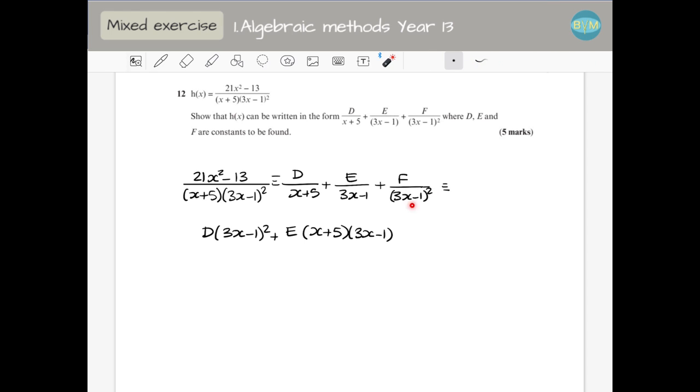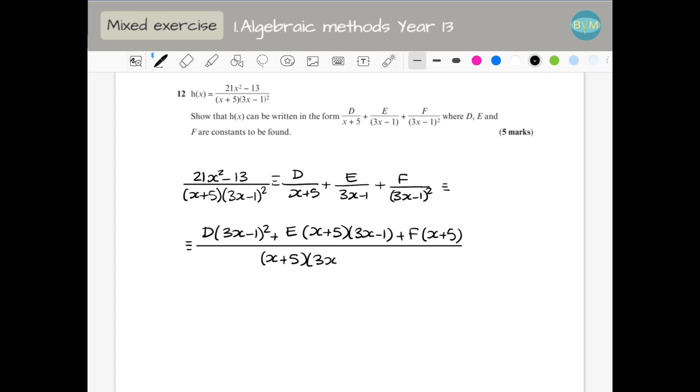And when I divide by this one, I have x plus 5 multiplying the f. Denominators are already equal to each other, so if the fractions must be equivalent, numerators must be equal to each other. And that's what we are going to do. So this numerator equal to this one.